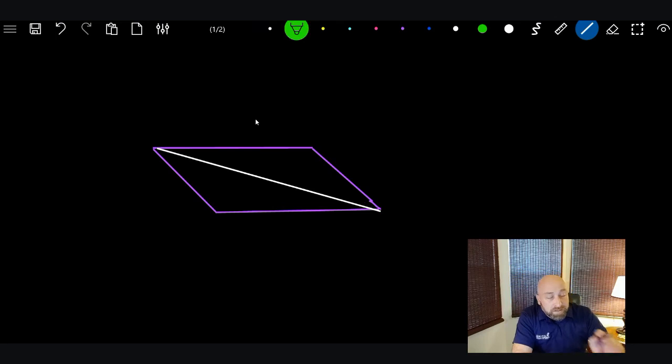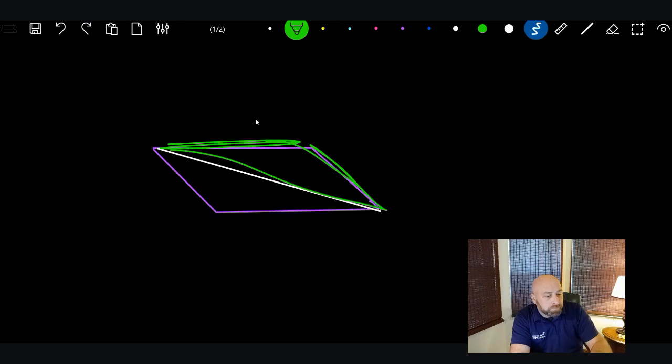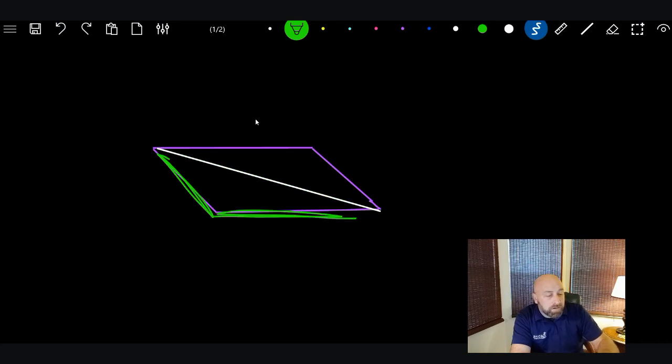What I've done, and this corollary tells us, is that this triangle that I have left over, this one right here, is going to be congruent to this one right here.